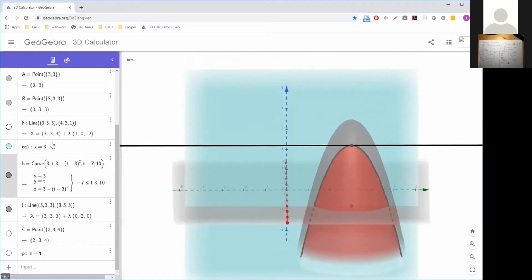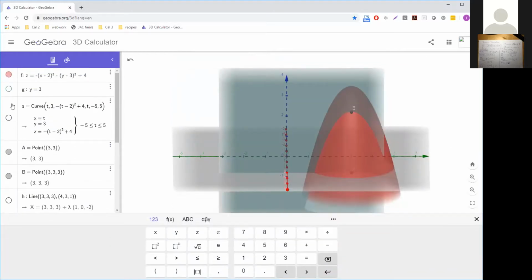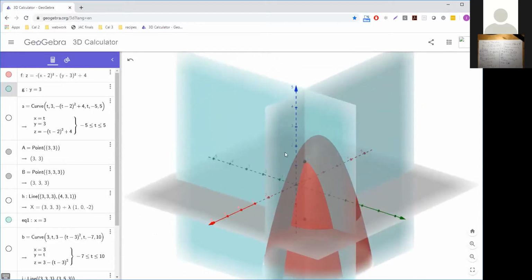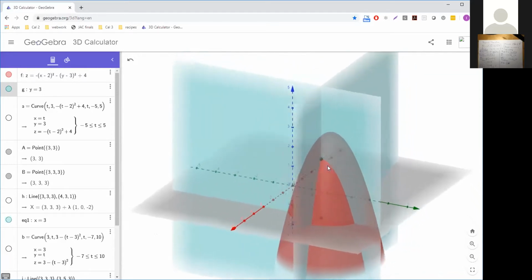Similarly for the y plane. It can be any plane such that it intersects the surface, right? So that will bring us to finding the derivative only in one variable.